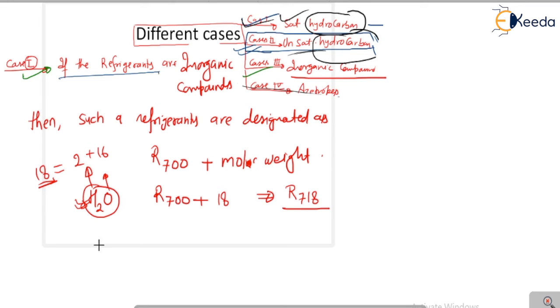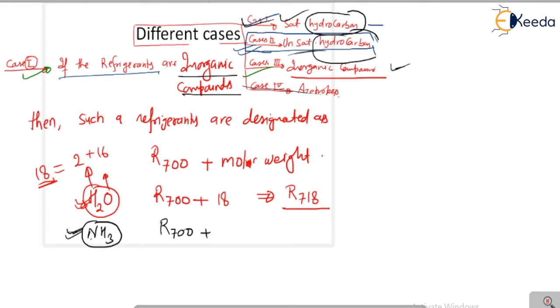Okay. If we want to designate NH3, ammonia, first of all we have to know what is an organic compound and what is an inorganic compound. And if you observe that ammonia is under the category of inorganic compounds, then you will write R700 plus the molecular weight of ammonia. So what is the total molecular weight of ammonia?